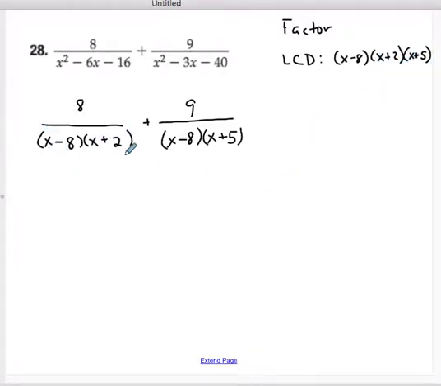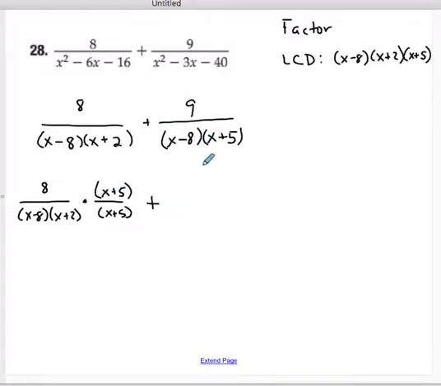So I'm just going to identify which factor is missing in each of those so I can make a least common denominator. Here I've got 8 over x minus 8 and x plus 2, so I'm going to need the x plus 5 factor. We're going to add that in by multiplying the numerator and the denominator by x plus 5.